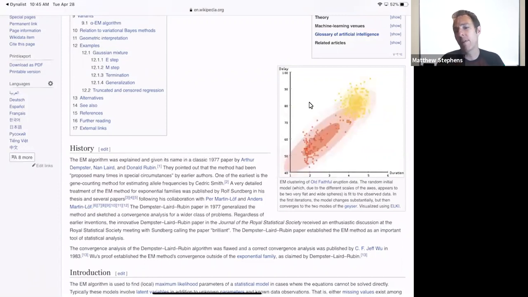The way the algorithm works is essentially iterative. Each iteration, it's iterating between estimating the mean and the variance for each component and the proportion, and then estimating the component memberships, the z's.